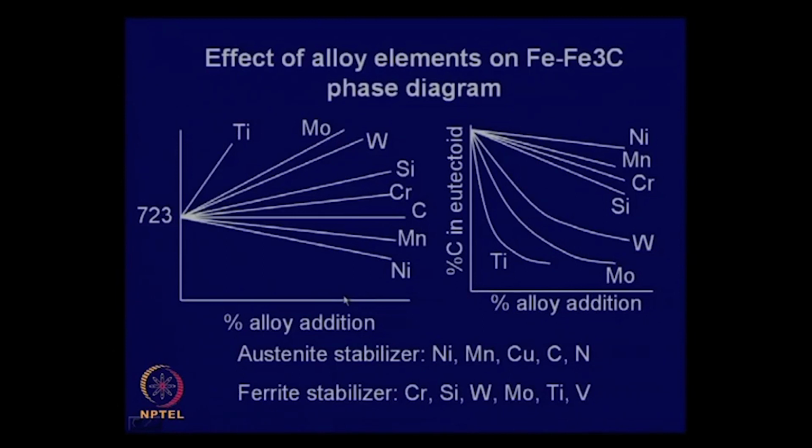Similarly, these alloy additions also alter the carbon content of that eutectoid structure, which is shown here, percentage carbon in eutectoid steel. If you add, it goes down irrespective of whether it is an austenite stabilizer or a ferrite stabilizer. As you increase these alloy elements, eutectoid composition shifts. That means this point shifts to low carbon content.